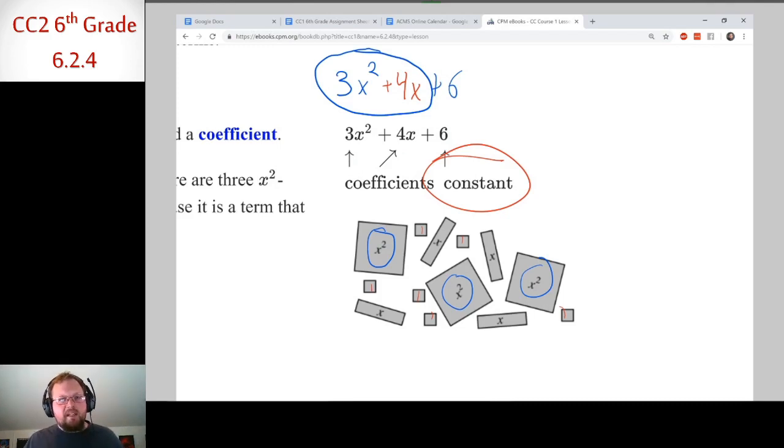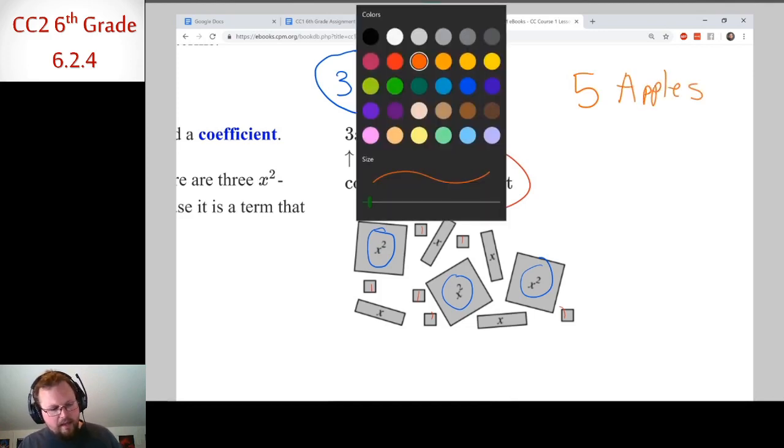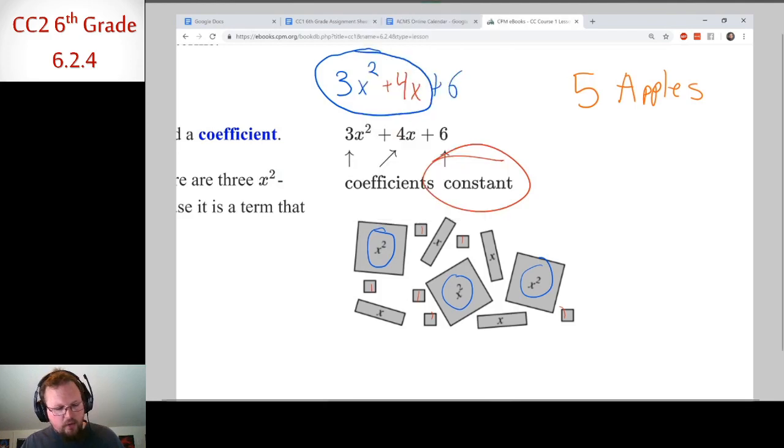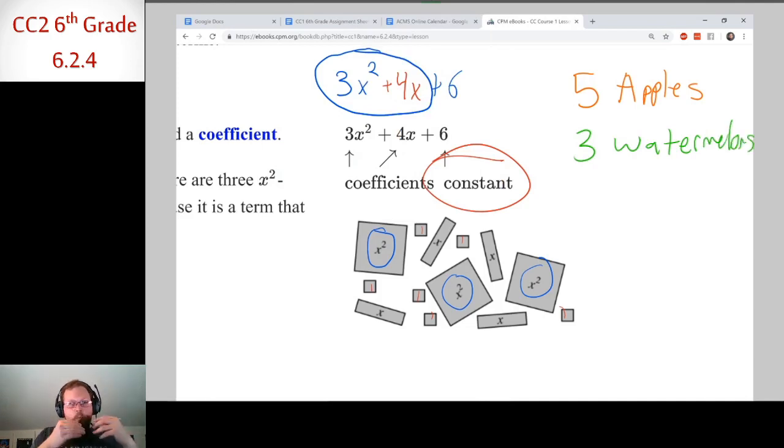I often like to give this example to classes, although it's a little bit less funny when I'm doing it digitally. If I gave a student 5 apples, and I gave another student 3 watermelons, and then I asked how many apples or what do they have?